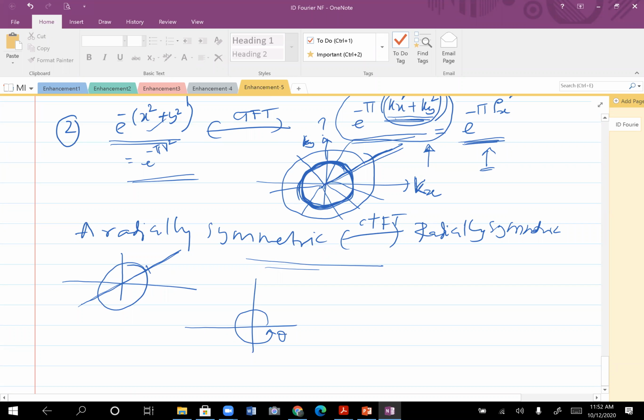We won't call that function radially symmetric at all. So that function has to be the same for all values of theta from 0 to 2 pi. Yes, sir.